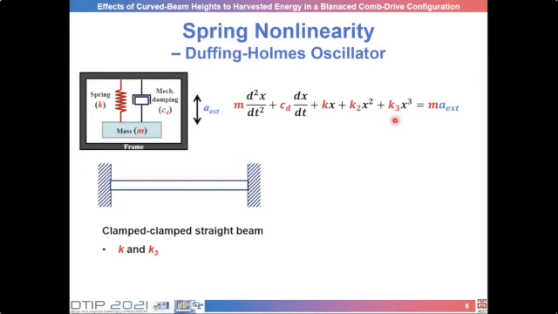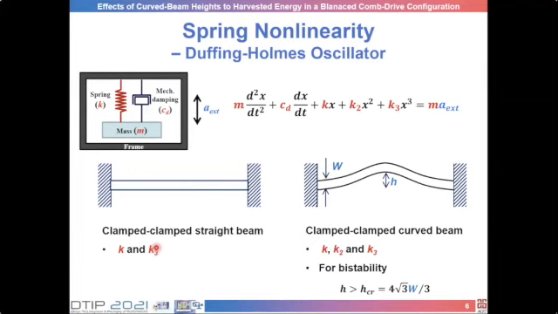Even the straight beam can have nonlinearity if it has a boundary condition of clamped condition. And the cubic term appears due to the stretching of the beam on the load. One can also have the quadratic term if the beam is curved like this.